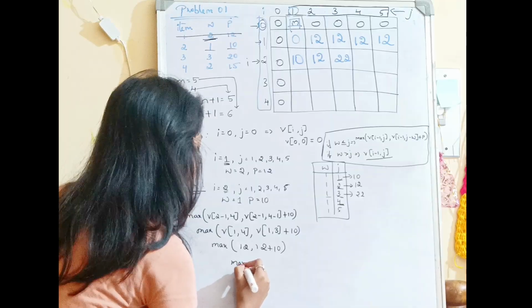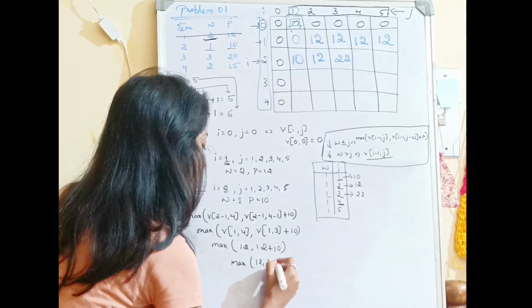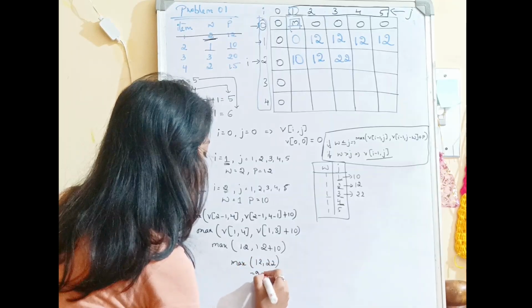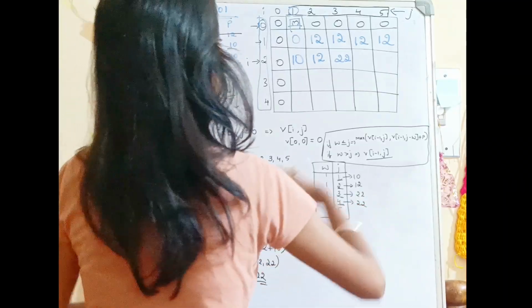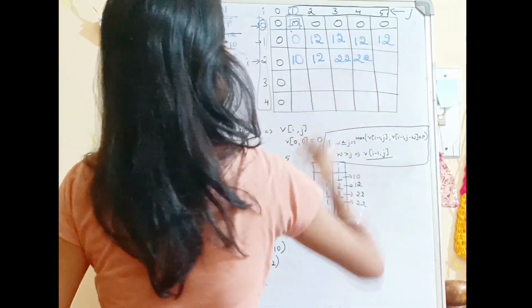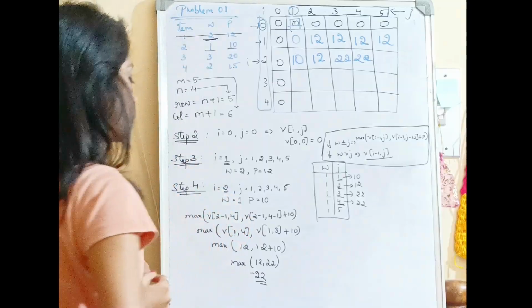So the maximum of 12 and 22 is 22. So this will also be 22.